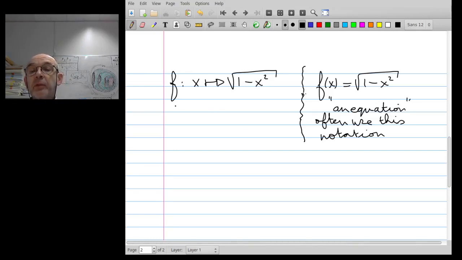Then you have to see, in this case, what your domain is. First of all, always read an exercise or other text to see if the domain is already given or not.